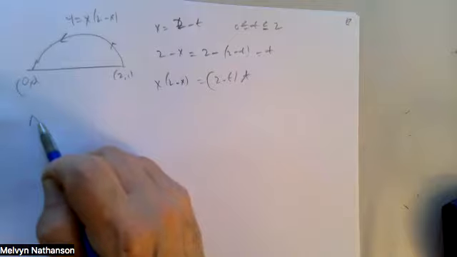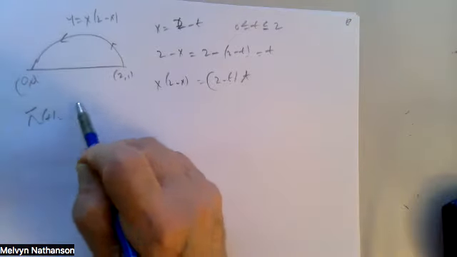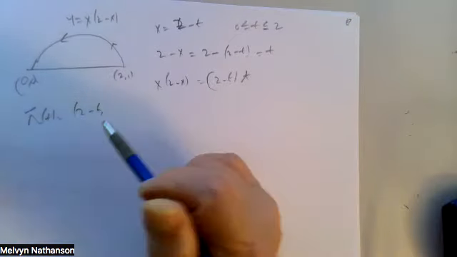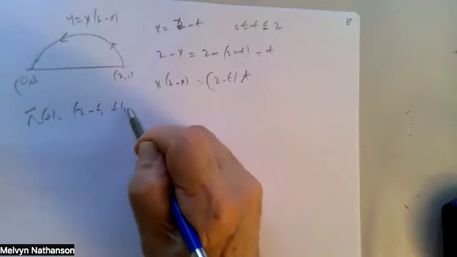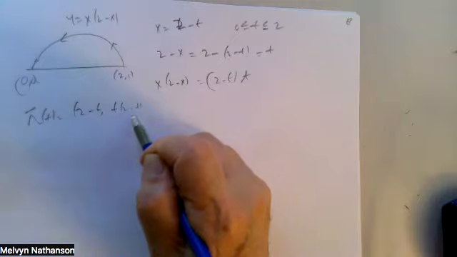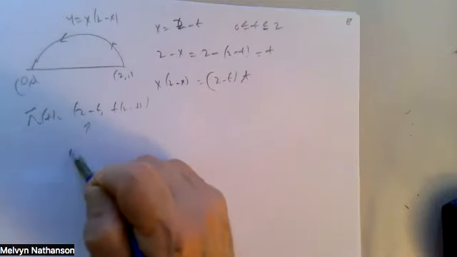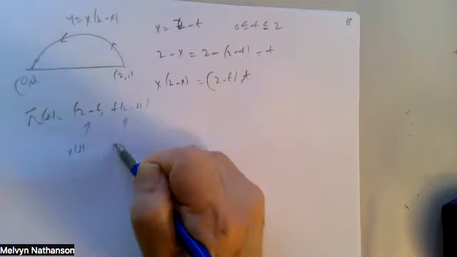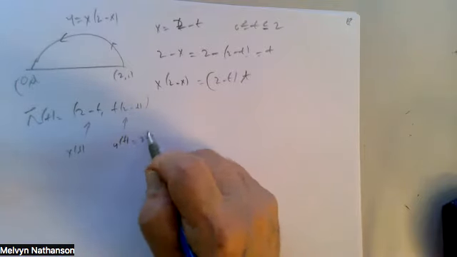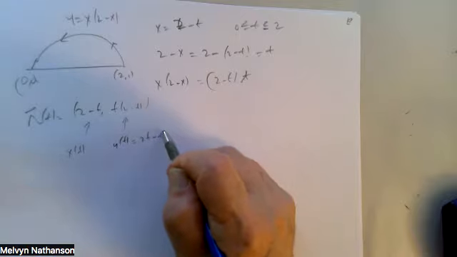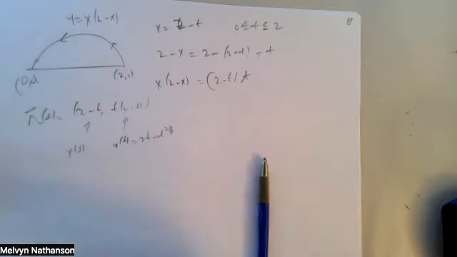If x of t is 2 minus t, then y of t is t times (2 minus t), which is 2t minus t squared.